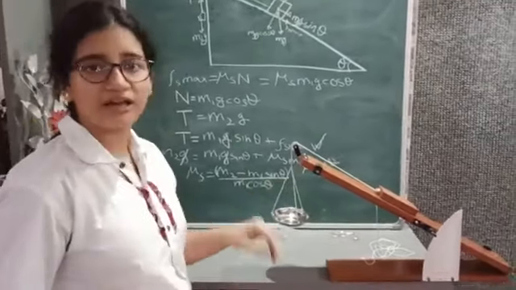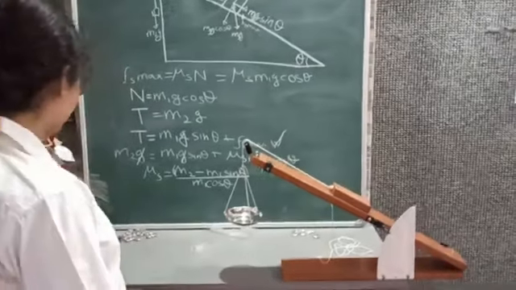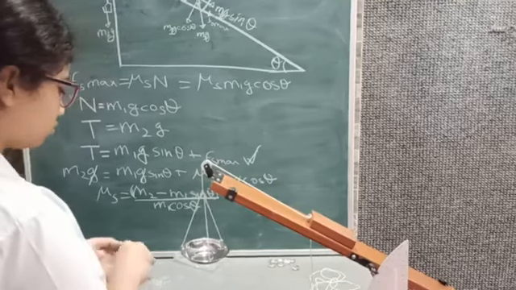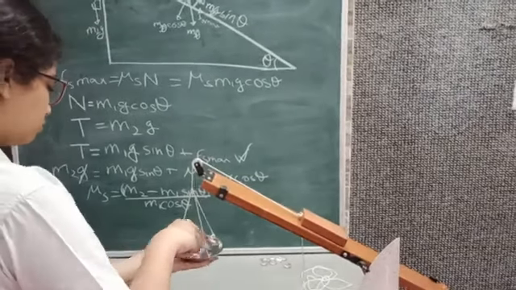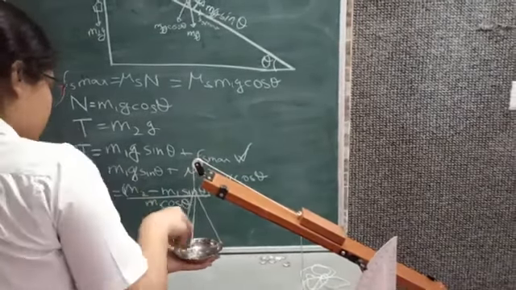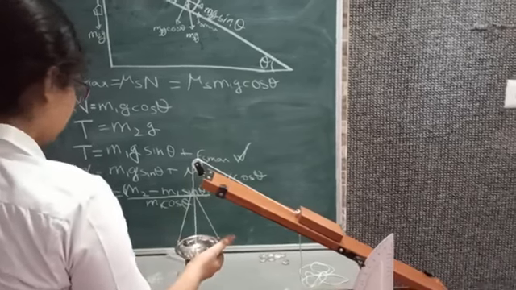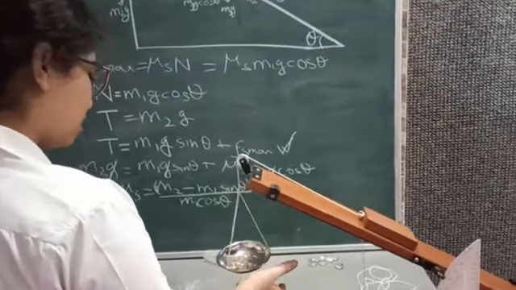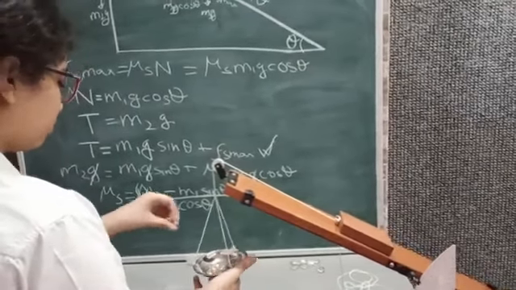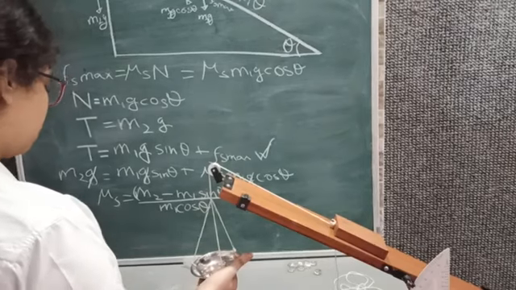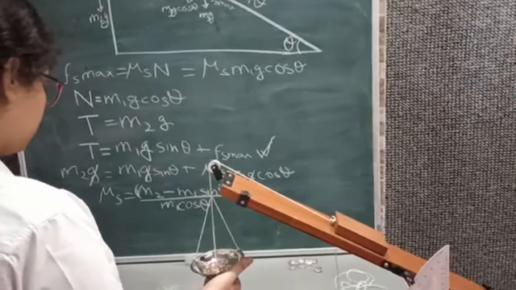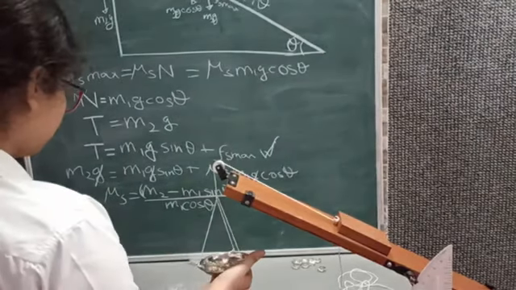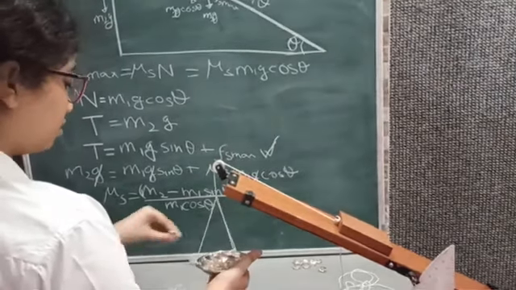So right now let's do a real life example of it. Right now we just slowly add all of this. As you can see, the body has still not started moving. It has still not started moving.